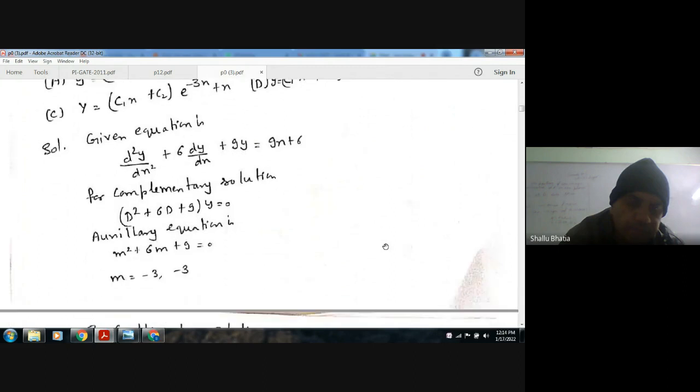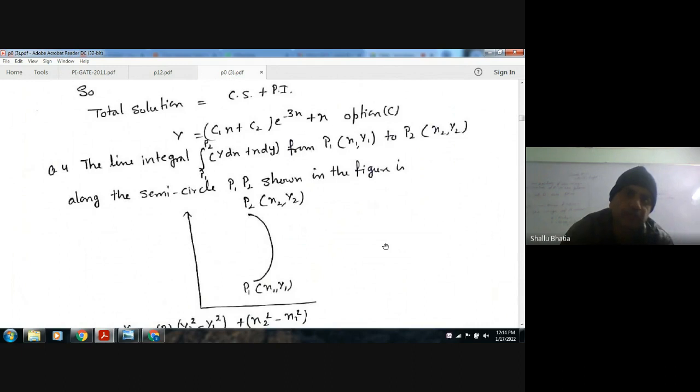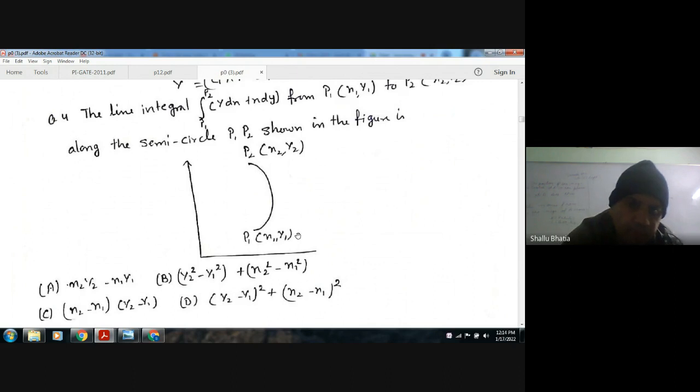Next, the line integral from p2 to p1 of y dx plus x dy, from p1 (x1, y1) to p2 (x2, y2), along the semicircle p1 p2 shown in the figure. So this is your p1 and this is your p2, the coordinates of the points p1 and p2, and the equation of the line integral is this.